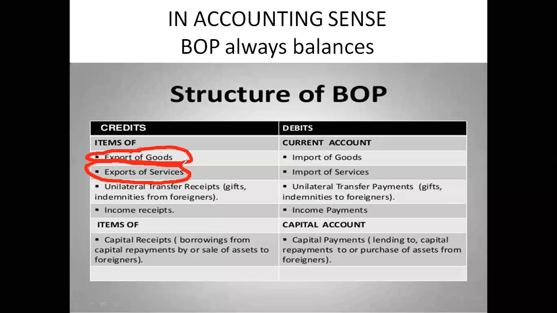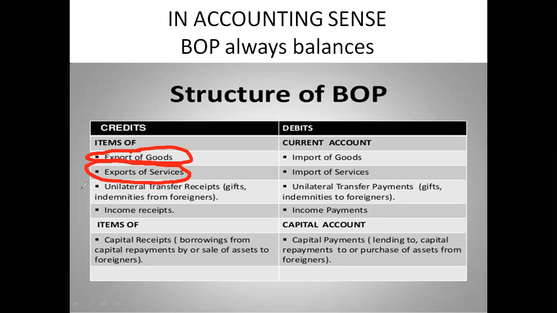But if the question arises why it is a credit item, because credit item means it involves profit. By exporting the service to another country, I would generate income. And when my country has the income, that will be written in the credit side of the BOP. So that is export of service.